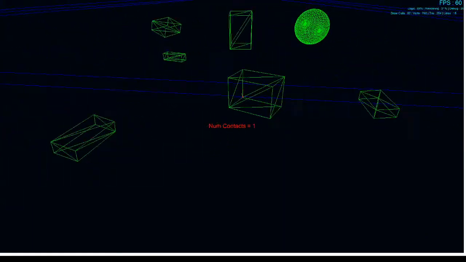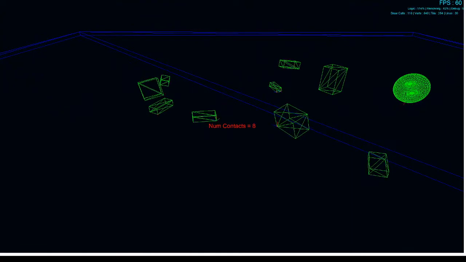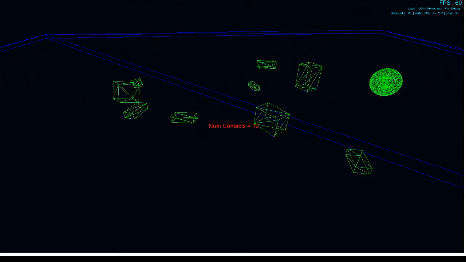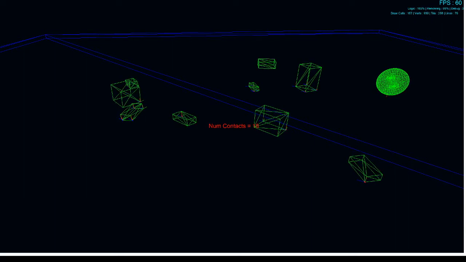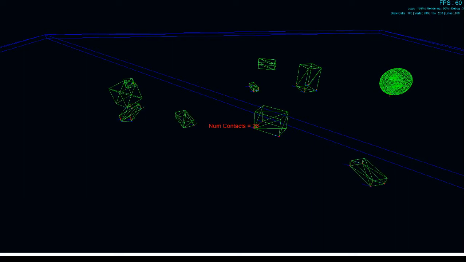But this is what it looks like. Already looks serviceable. Now, if I let this sit for a very long time, objects will actually start sinking into the floor because there is no penetration check, and then there's also no resting contact. But the actual velocity resolution itself looks fine. So that's the velocity resolution part.